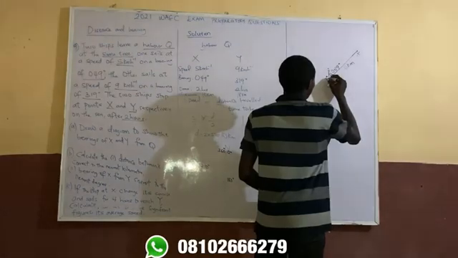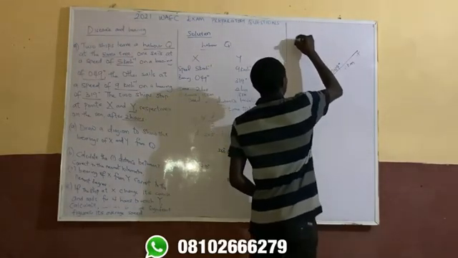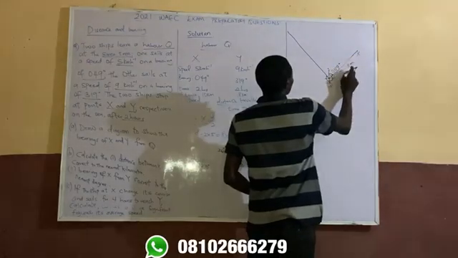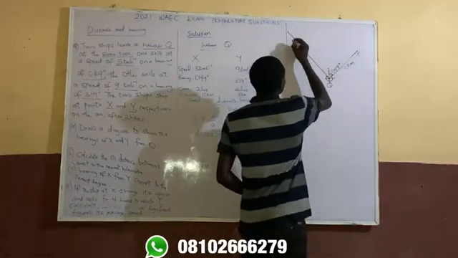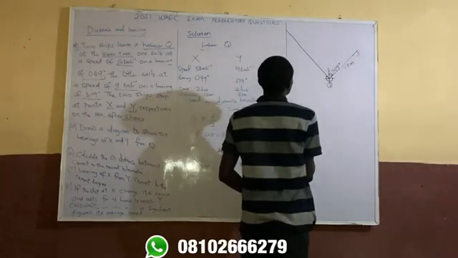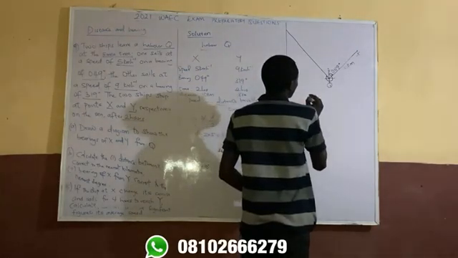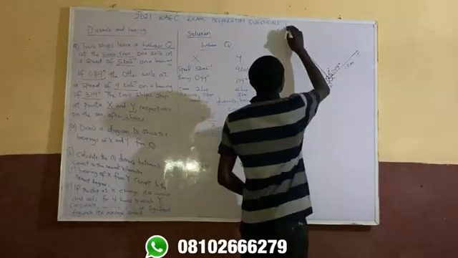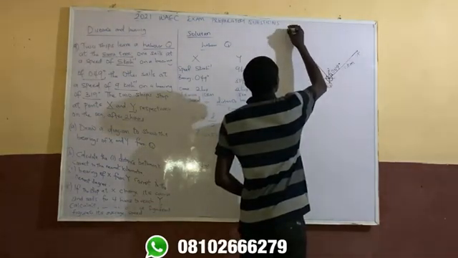So this line will be much longer than this one, because this one is 10 kilometers and the other is 18. Your diagram must show that this one is long, very long, because that is one of the things you want to mark in the diagram.